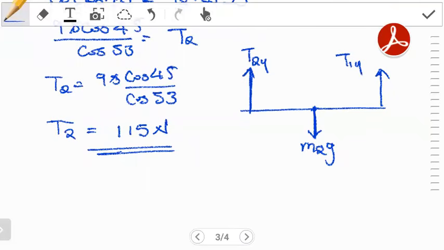So if we take this into account, T1y going up plus T2y going up. So these are positive, they're going up. M2g is going down, so you want to say plus, then minus, which is just going to end up as a minus. It is going down. M2g, these equate to zero.